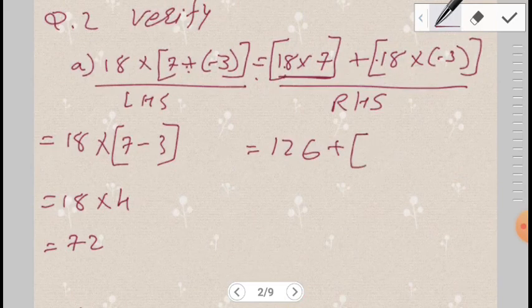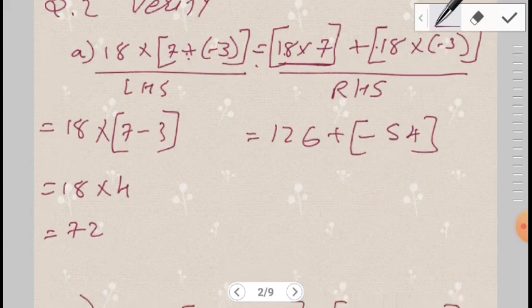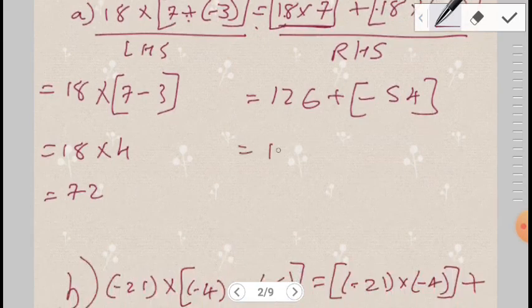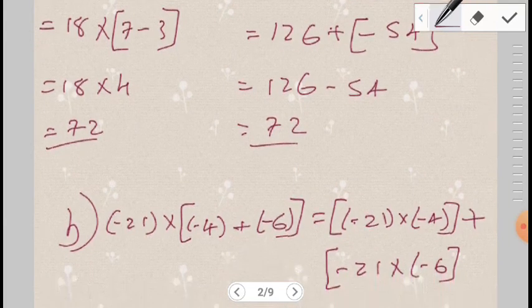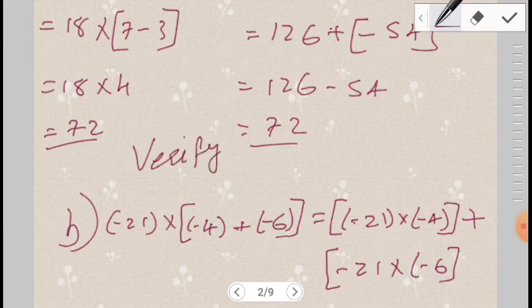If I solve that, 18 with the minus 3, so I will get minus 54. 18 threes are 54, and plus minus minus, so that's minus 54. 126 plus minus minus 54. So from the 126, if I subtract 54, I will get 72. That means both have the same answer, so we can say that it is verified.